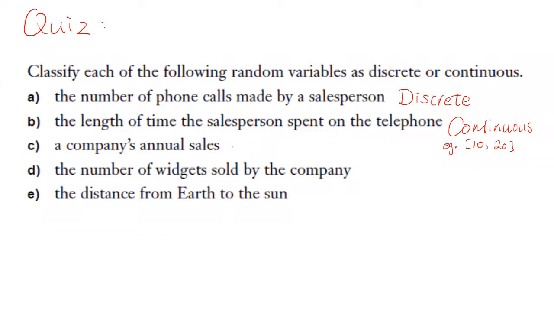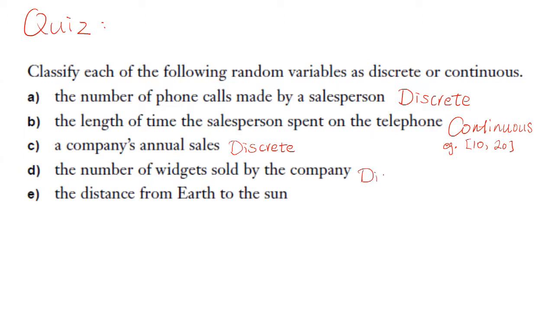C, a company's annual sales, this is discrete. Because sales are a whole number of dollars and cents. It cannot be beyond cents, right? Sales can only be a whole number of dollars and cents. D, the number of veggies sold by the company.